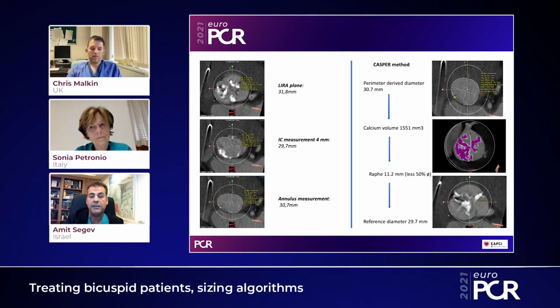In this case, as you can see, we have a tapered anatomy, meaning that the intercommissural measurement is less than the true annulus. And in these cases, you have to rely on the intercommissural measurement, which is less than the annulus, 29.7.